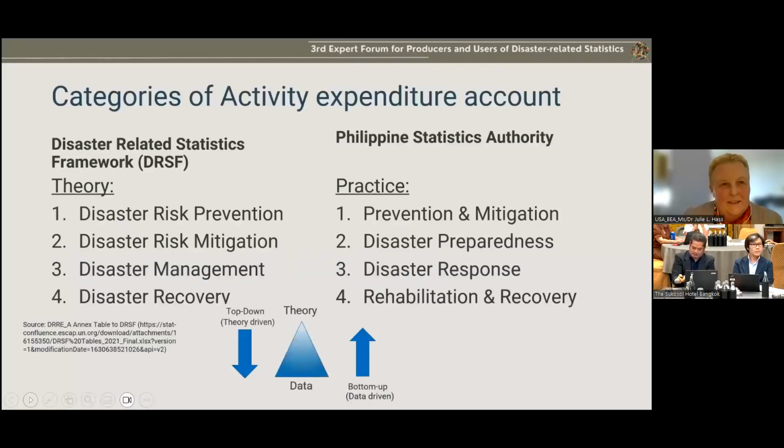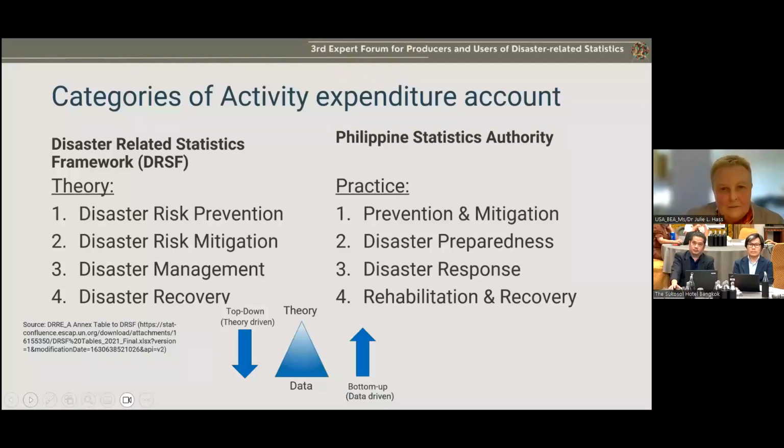You're going to continue a little bit, Baptista. I noticed that when I was looking at your categories and the work you'd been doing and compared it to the DRSF framework, there were different categories. On the left side, we've got prevention and mitigation separated, but here you've put them together.